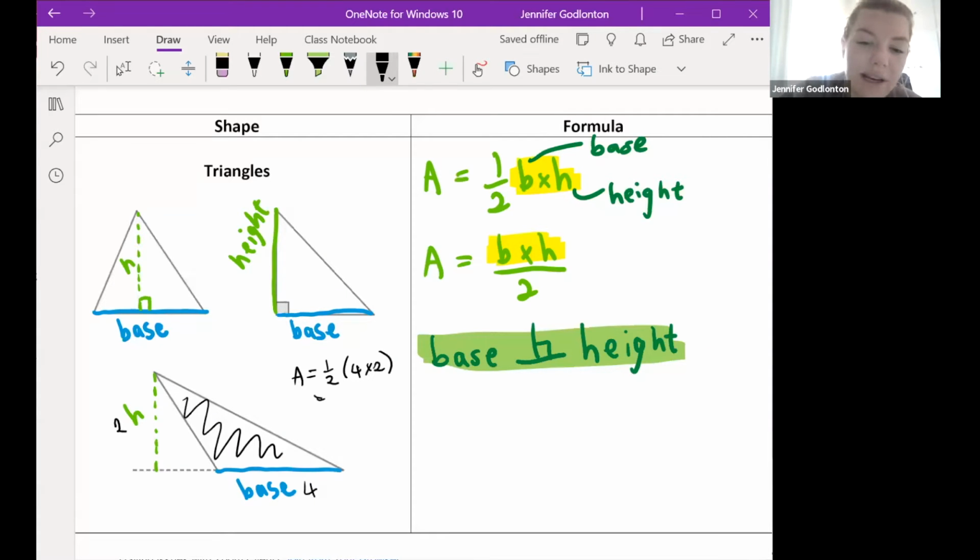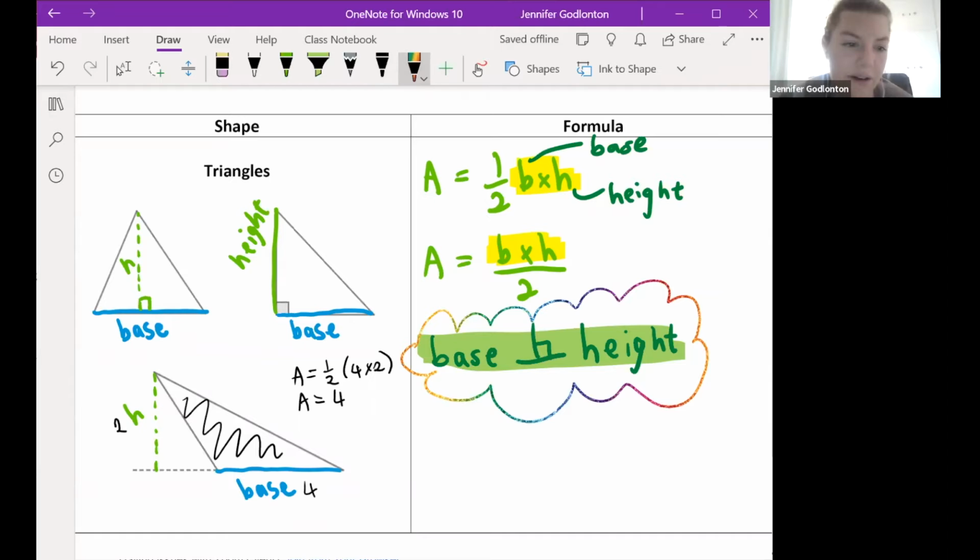I can put that straight into my calculator exactly like that, and I will see that it would be equal to 4. So when we're working out the area of triangles, we care about the base, we care about the height, we divide it by 2, and the most important thing is that our base has to be perpendicular to our height.